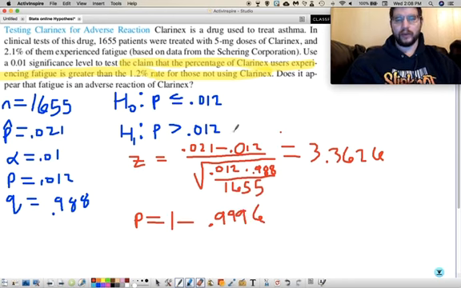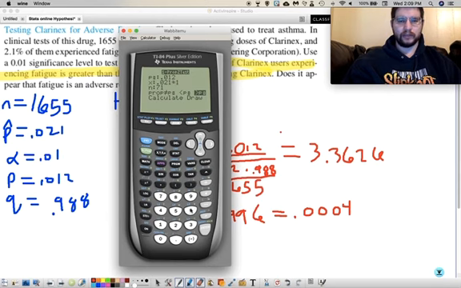TI users, shove it up in there. So p was 0.012. x, well, it's whatever this is, 2.1% of 1,655.